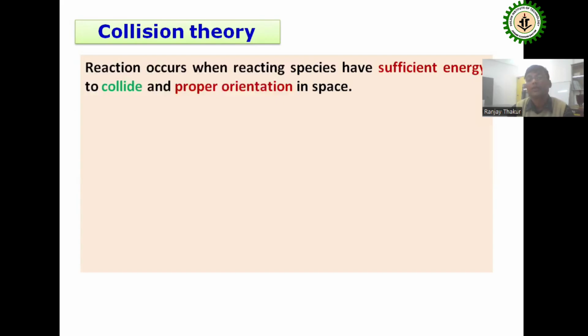So, collision theory means collide. A reaction occurs when reacting species have sufficient energy to collide and proper orientation in space. Now, why are we using this term sufficient energy? Suppose we are trying to convert glucose into fructose.